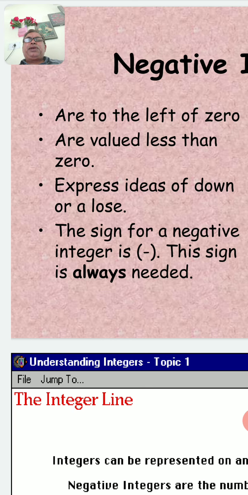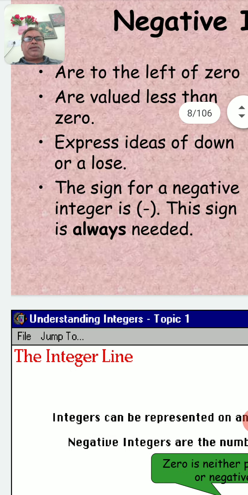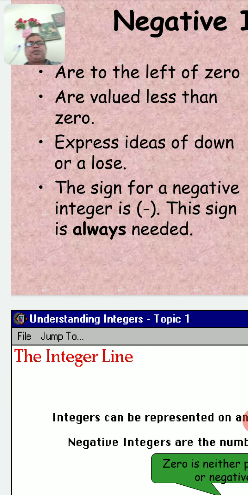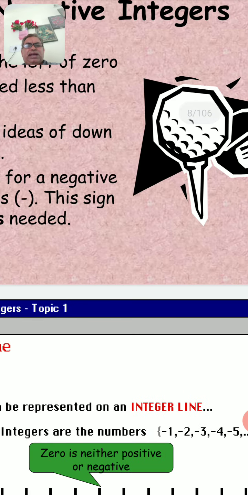Then if we have to go down, there is some down position, loss, we lose the game, there is a down, there is a loss, we indicate this using a negative sign. The sign for a negative integer is minus. The sign is always needed. Minus 3 you have to write, minus 4, minus 5, like this. So in this way you can understand this.